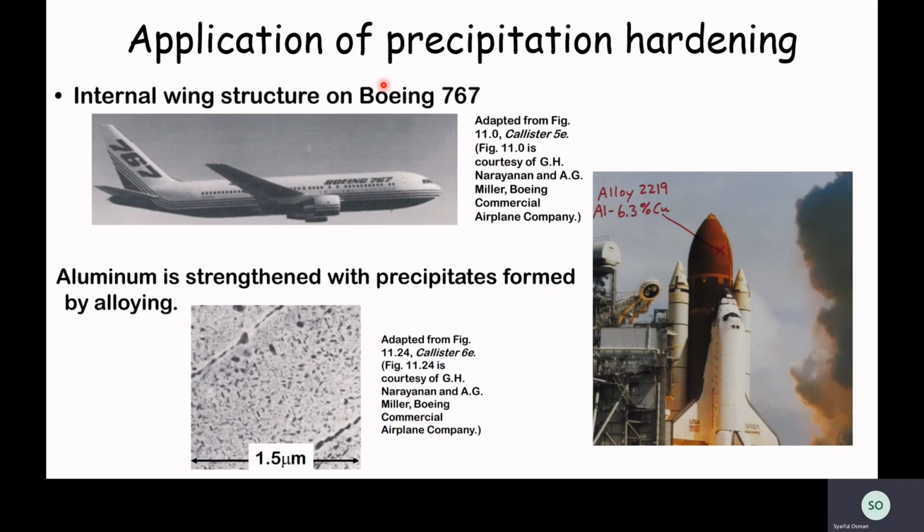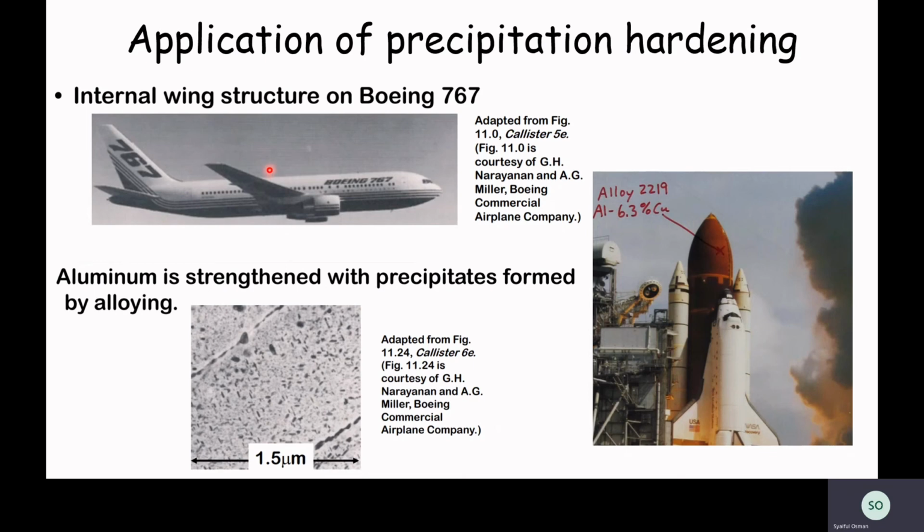And here we have some examples of application of precipitation hardening. One example is the internal wing structure on the Boeing 767. The aluminum is strengthened with a precipitate formed by alloying. At the bottom here we can see a transmission electron micrograph showing the microstructure of the aluminum alloy used for the upper wing skin, parts of the internal wing structure, and selected areas of the fuselage of a Boeing 767.